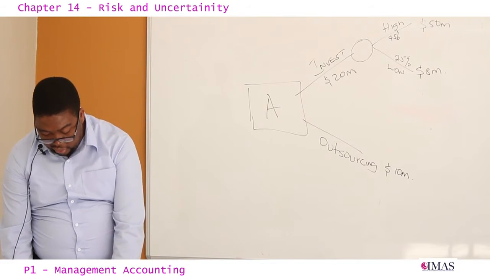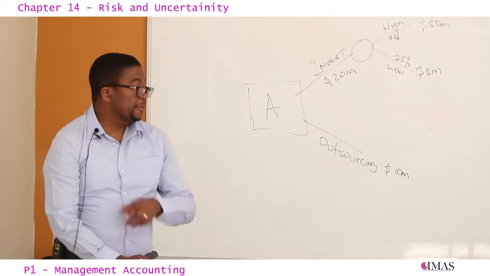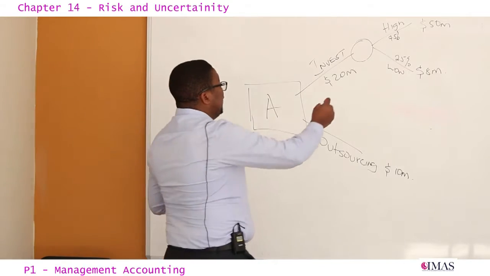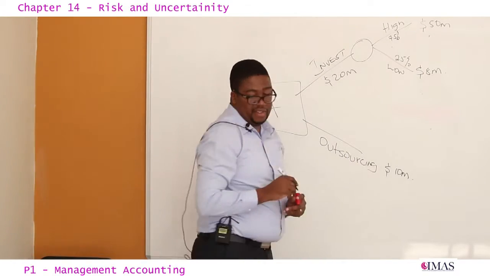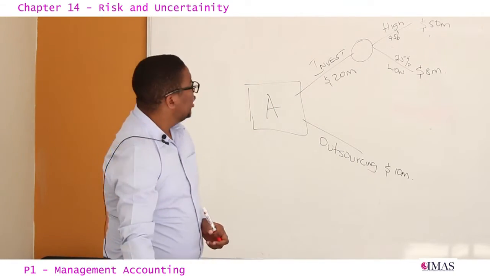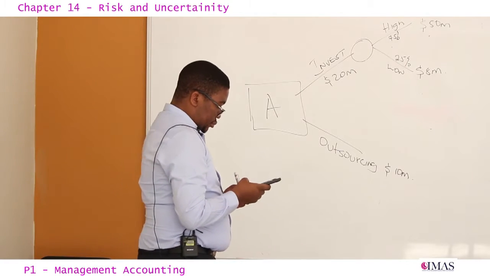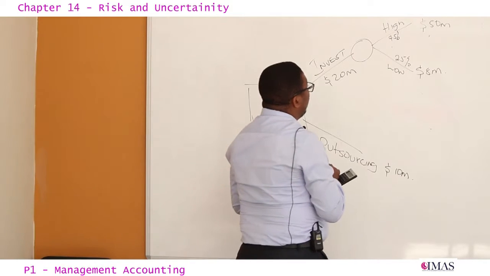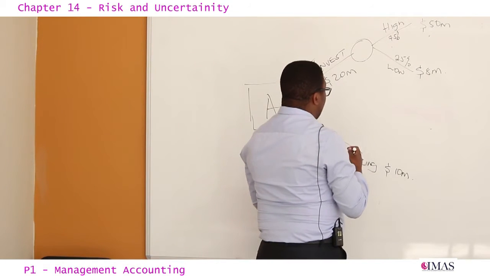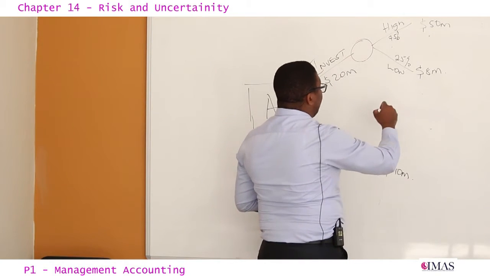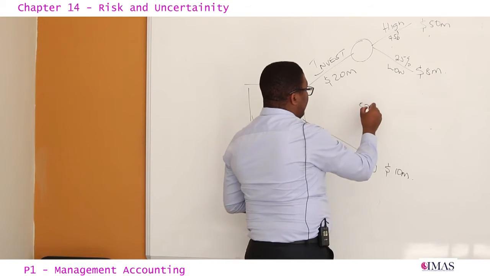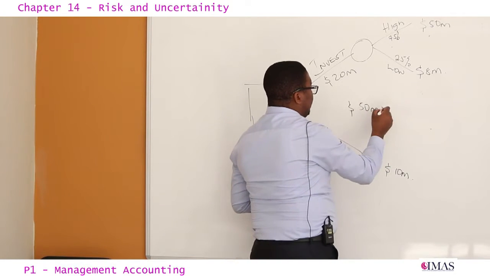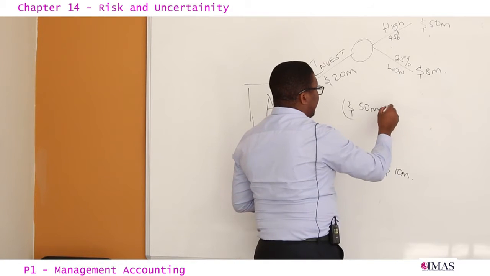The first thing that you're going to look at is to say 50 million multiplied by 75%, that gives us how much? Is it 35? That is 37.5.